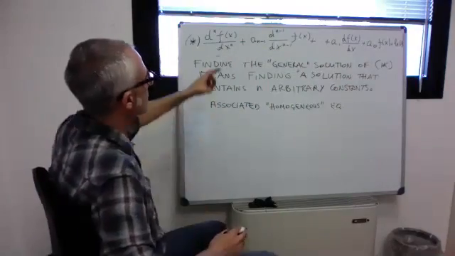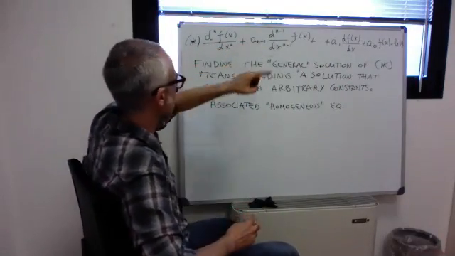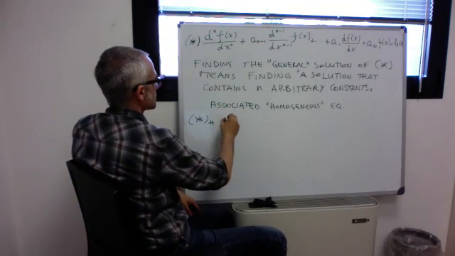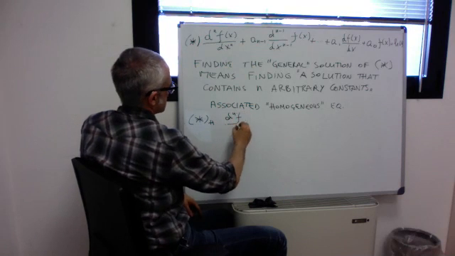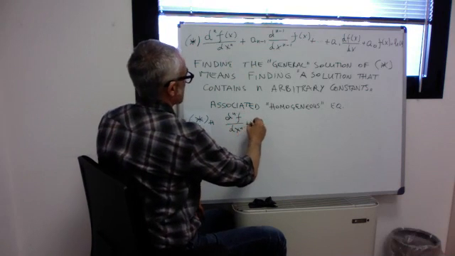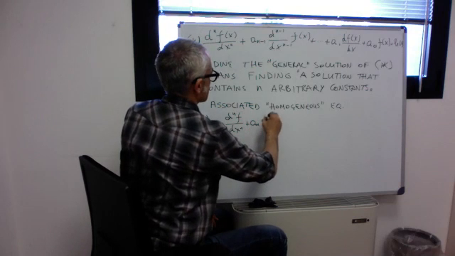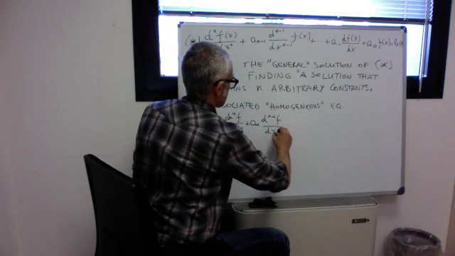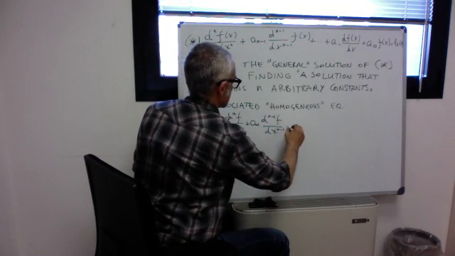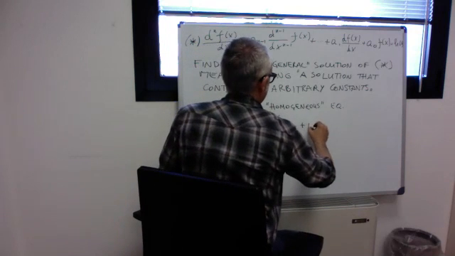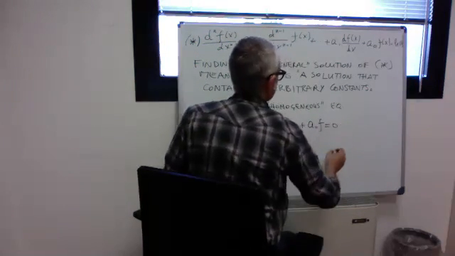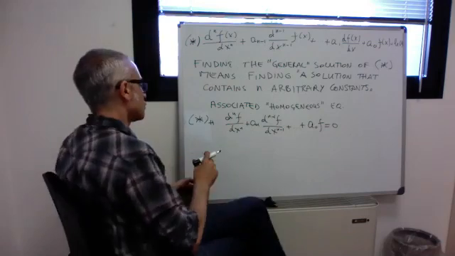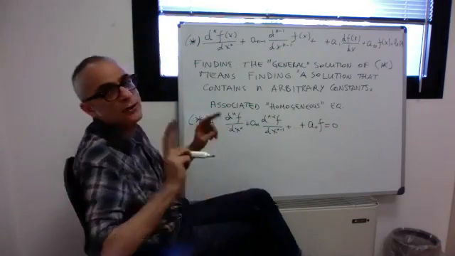So the homogeneous equation associated to star, I call it star h, is equal to 0. To simplify my life, I'm going to define what we call an operator L.